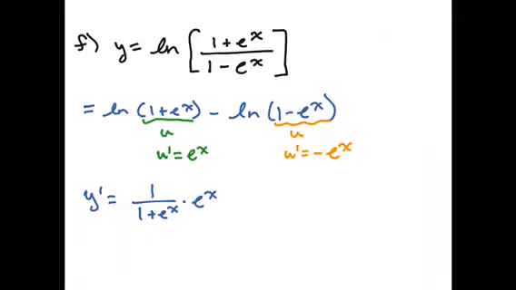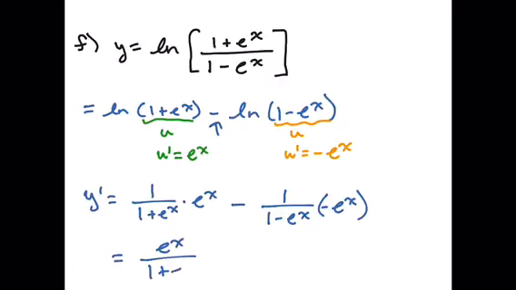For the second term in the function, I'm going to keep the minus here and say it's minus 1 over u, which is 1 over 1 minus e to the x, times u prime, which is negative e to the x, and then minus and negative will become a positive. This cleans up to be e to the x over 1 plus e to the x plus e to the x over 1 minus e to the x.